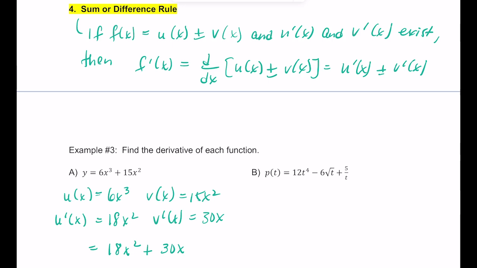In letter B, you've got p of t equals 12t to the fourth minus 6 square root of t plus 5 over t. So to find p prime of t, the first thing I want to do is rewrite this. So 6 times the square root of t, we know we can write that as 6 times t to the 1/2 power. And then 5 over t we can write as 5t to the negative first.